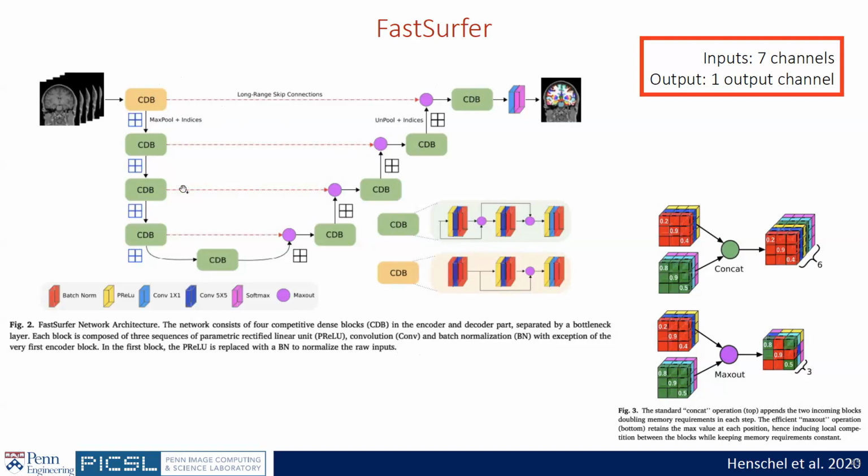What we were doing in U-Net was taking the output from the previous layer and the output from this particular block, and just concatenating these two together. So that was the output from this layer and the output from this layer, concatenated into a 6-channel image. What they do instead is take the output from here and the output from here, and run them through a maxout operation.